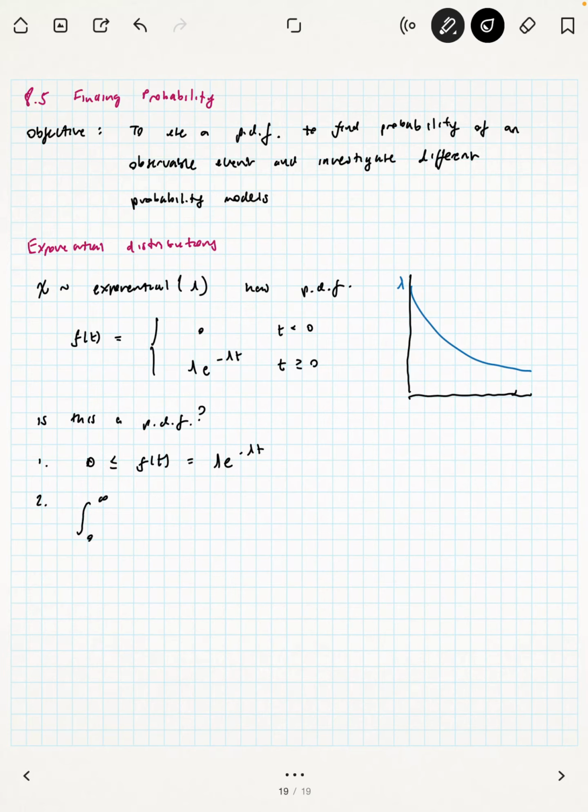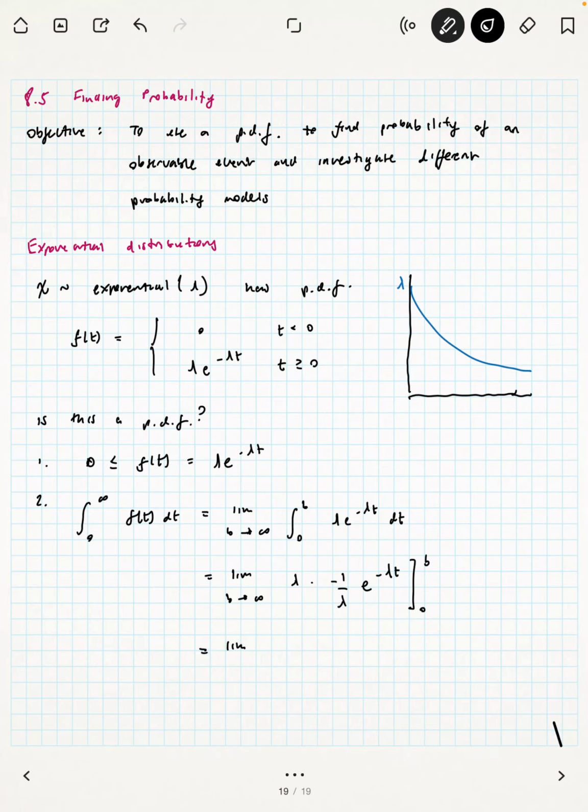Number 2, we just need to check that the integral from 0 to infinity of f of t dt is equal to 1. So we're going to evaluate this improper integral: the integral from 0 to b, limit as b goes to infinity, of lambda e to the negative lambda t dt. The antiderivative of that is lambda times negative 1 over lambda e to the negative lambda t, from 0 to b.